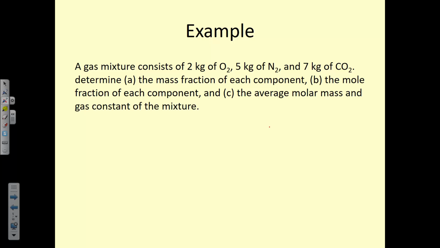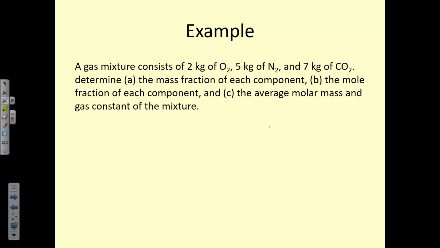And the average molar mass and the gas constant of the mixture. So the average molar mass, how many of those is there? Just one. And then there's just one gas constant for the mixture. So these mole fractions and mass fractions are for each individual component, whereas the average molar mass and the gas constant of the mixture is for the whole thing itself.